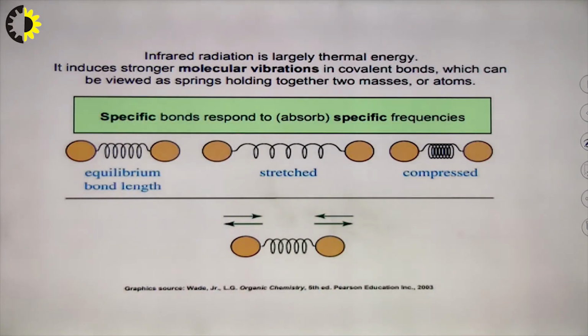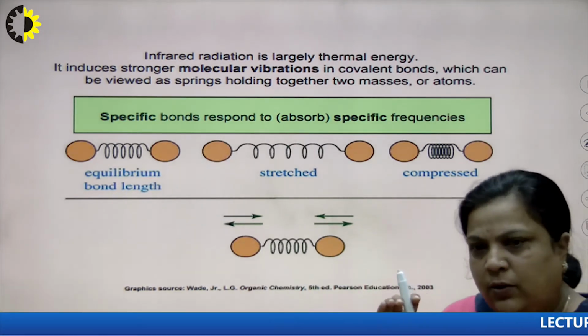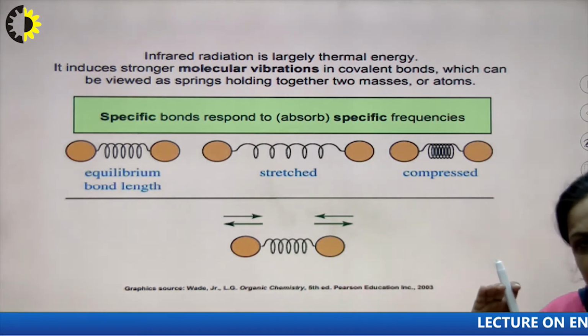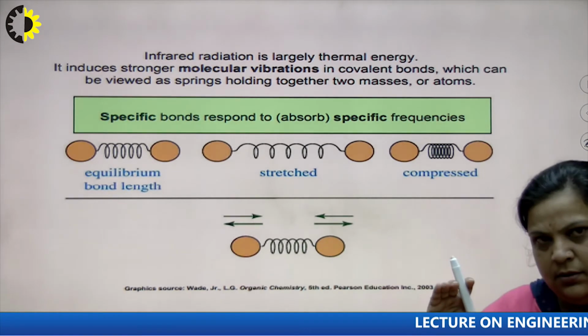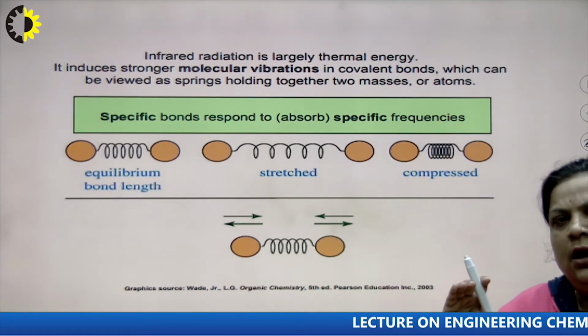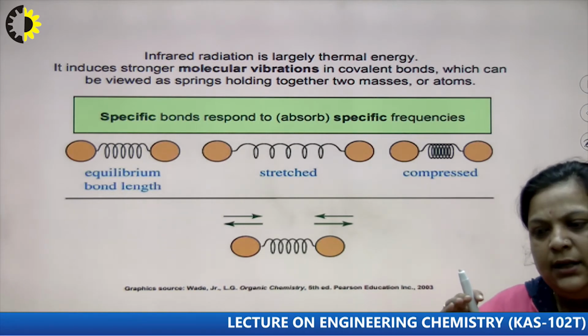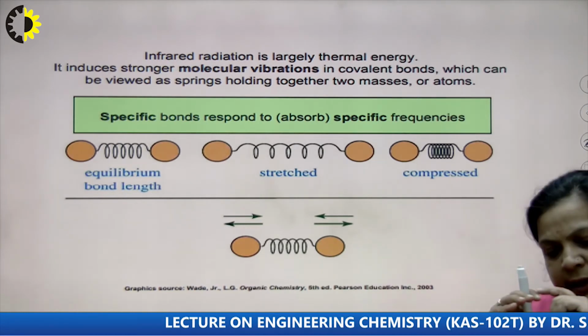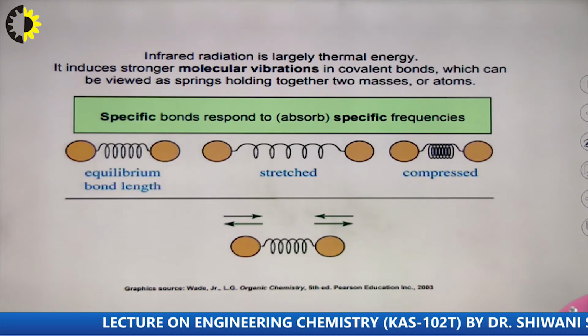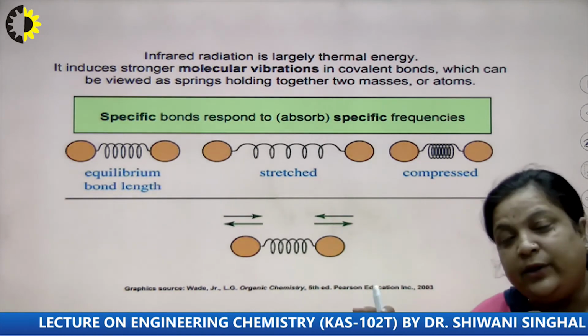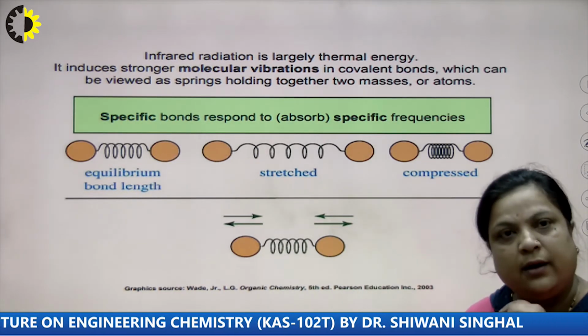IR radiation is largely thermal energy, and it induces strong molecular vibration in covalent bonds. In a molecule, if we irradiate with about 100 centimeter inverse wave number or frequency, we see that there is an excitation only in molecular rotational energy level, and for this we get a rotational spectra.